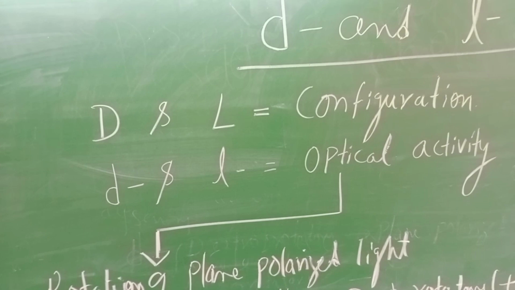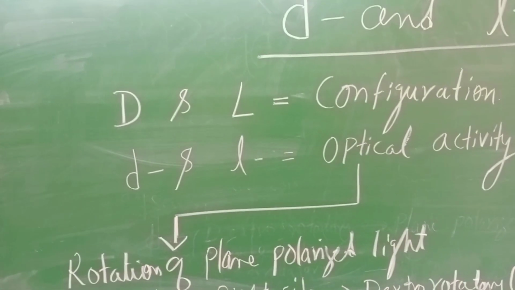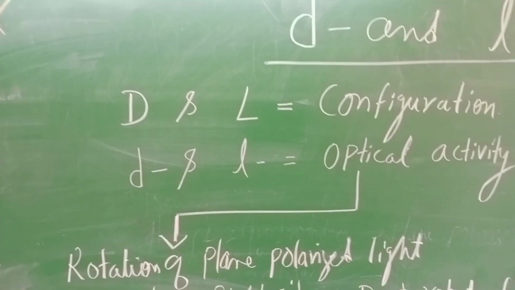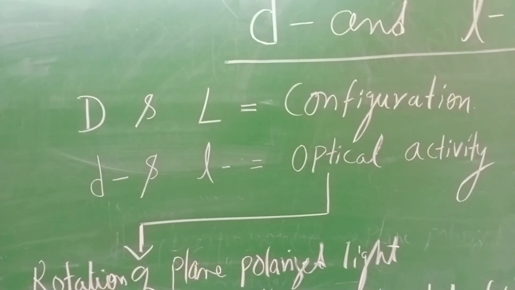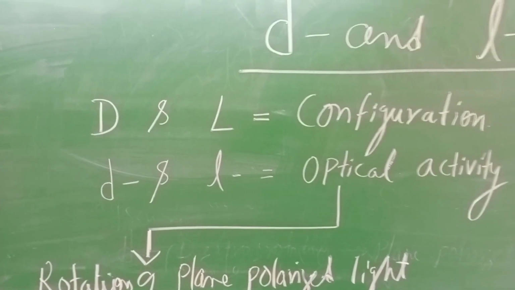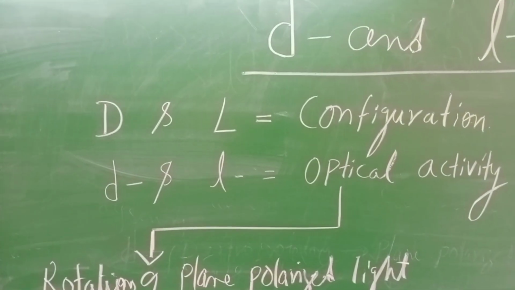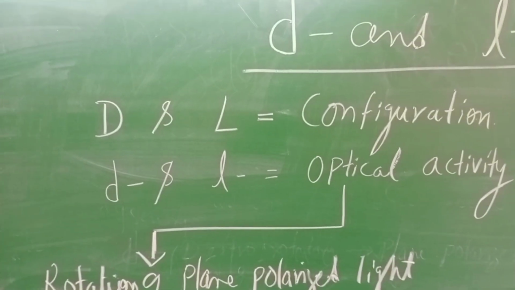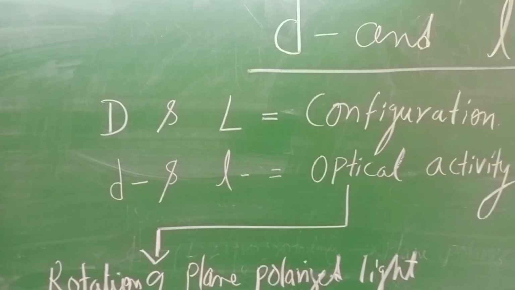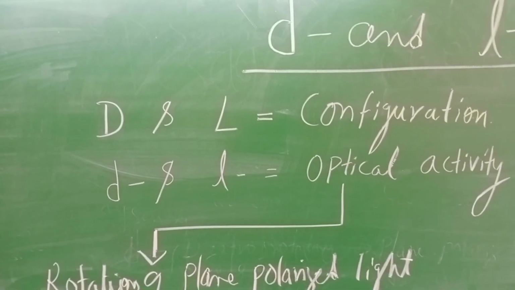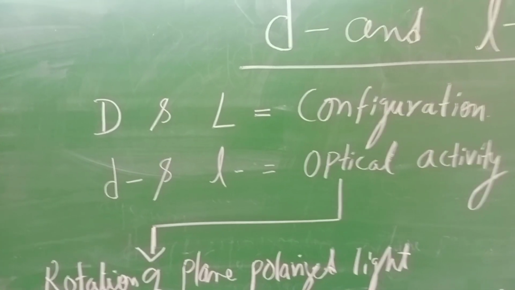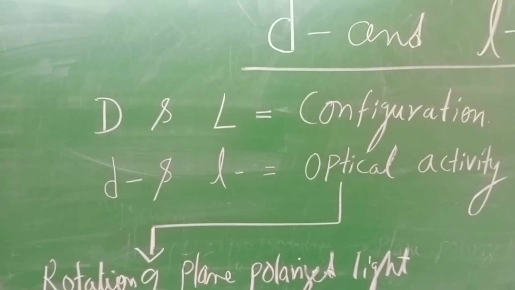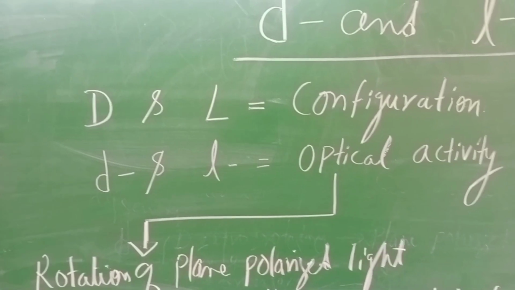I also explained which configuration is said to be D and which is said to be L, with respect to the position or orientation of the functional groups present in the molecule.